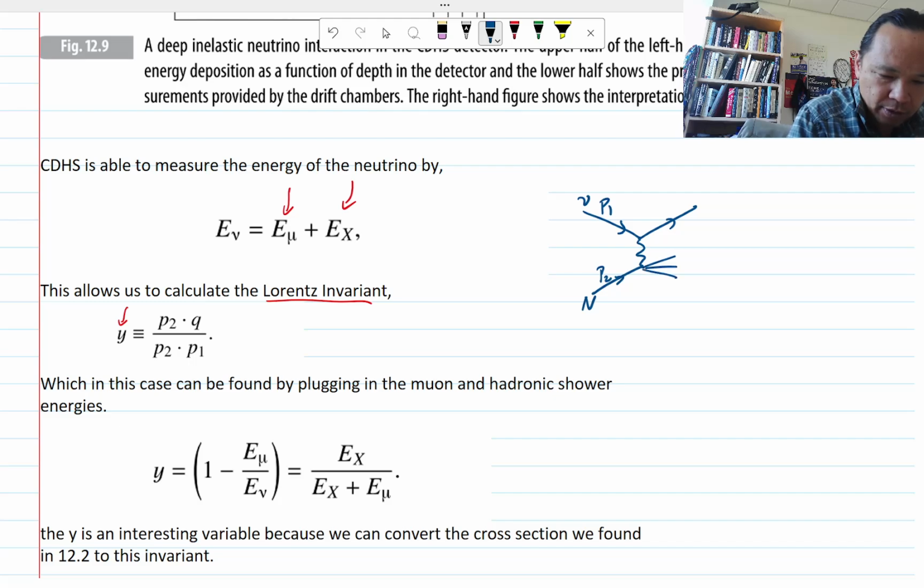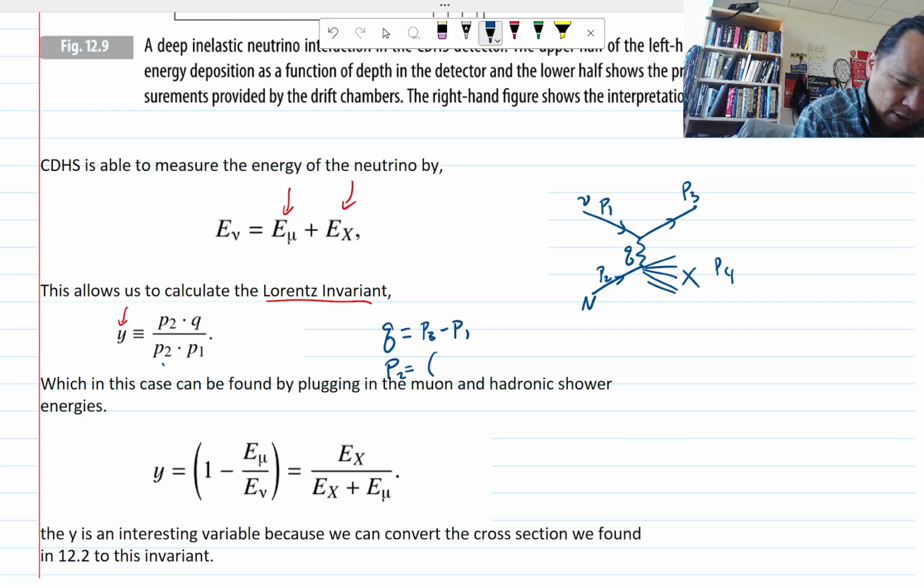And then you have a bunch of stuff coming out. That's P4. And then you have P3 coming out. And then you have the Q. So Q can be calculated by just P3 minus P1. And then P2 is basically going to be the mass of the nucleon at rest.